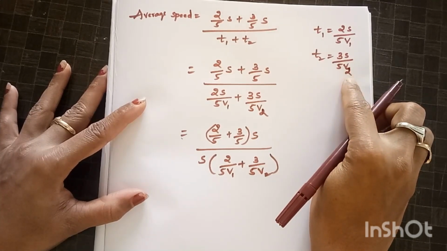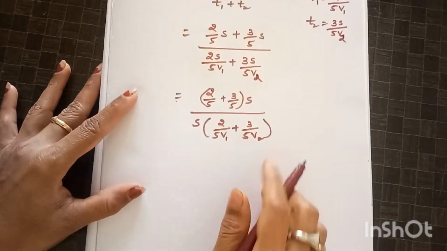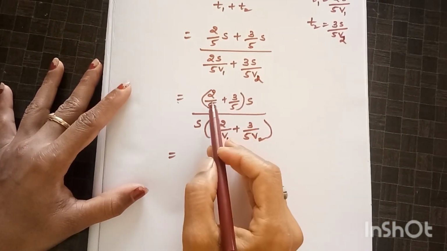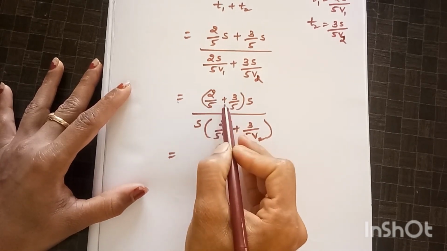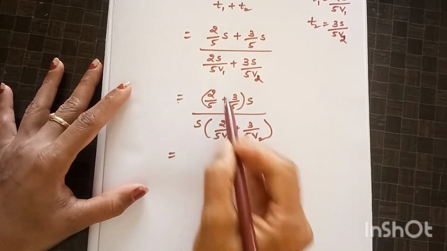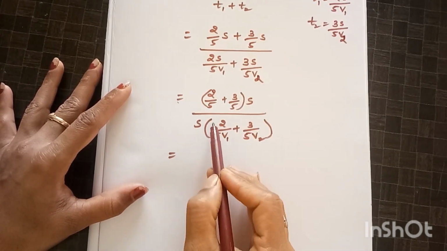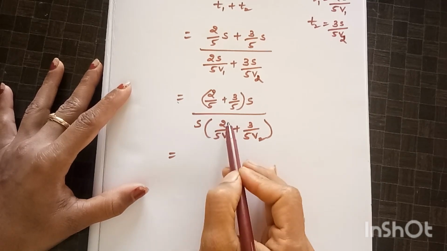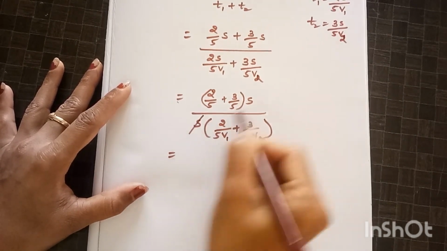Why? Because it is 3/5 of the distance with speed v2 in time t2. By taking the common s, we get (2/5 plus 3/5) of s by, in the denominator also we have the common term s, so s is common: s of (2/5 v1 plus 3/5 v2). So the s will be cancelled.